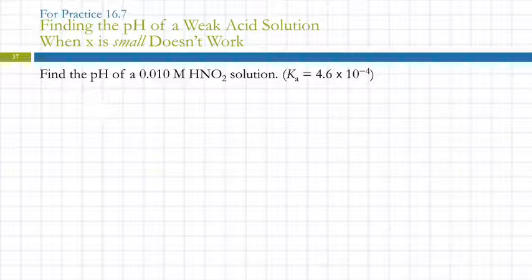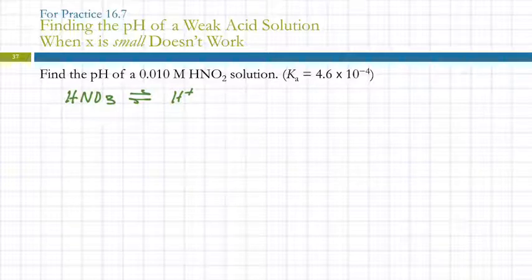So here we have one labeled, finding the pH of a weak acid solution when X is small doesn't work. Now, again, we're going to do our ice table. Got HNO3 in equilibrium with H plus. Sorry, it's not NO3.